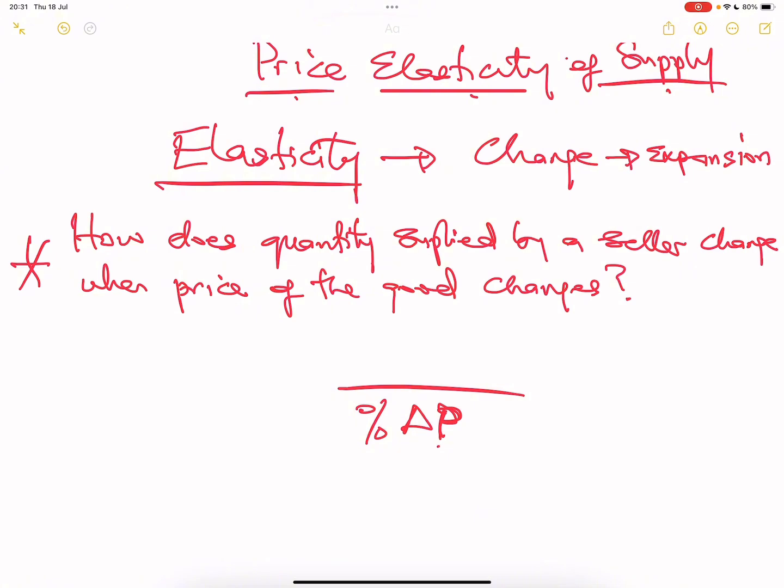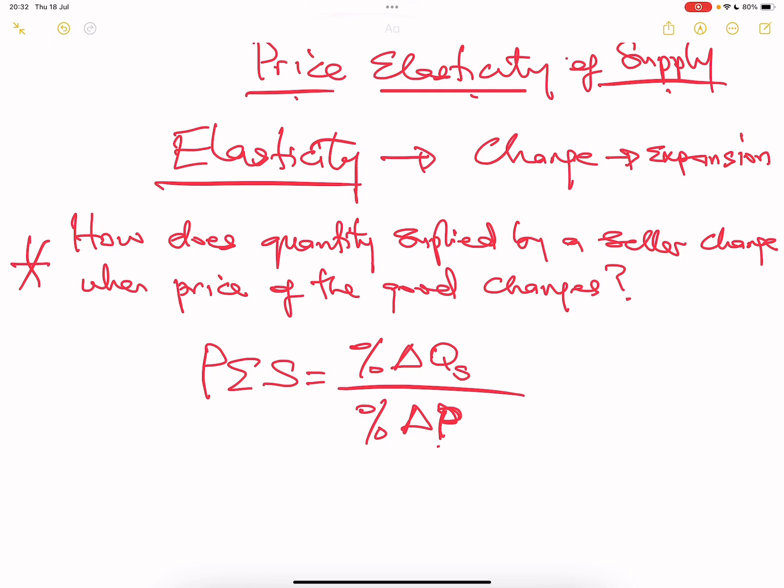But for elasticity of supply, which I will call price elasticity of supply, it's about how change in price affects the quantity supply. So it's percentage change in quantity supply divided by percentage change in price.